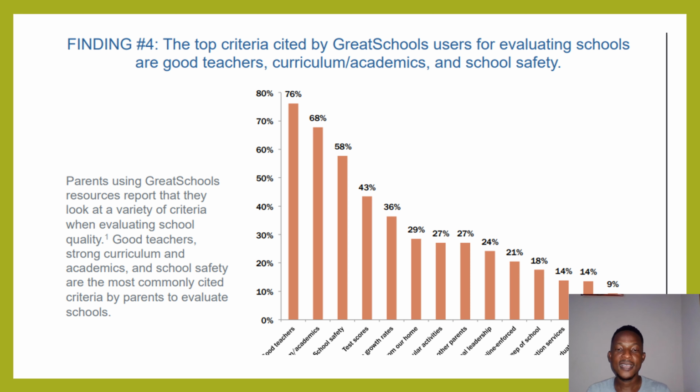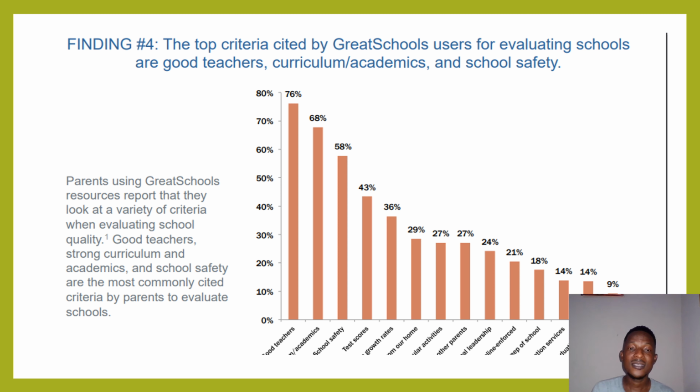Before I answer that question, let's quickly look at this survey done in the USA by an NGO that is trying to understand some of the criteria that parents look at before they pick schools for their wards, for their children. As you can see on the screen, 76% go for good teachers.